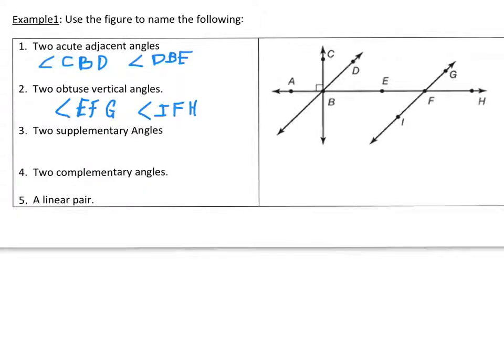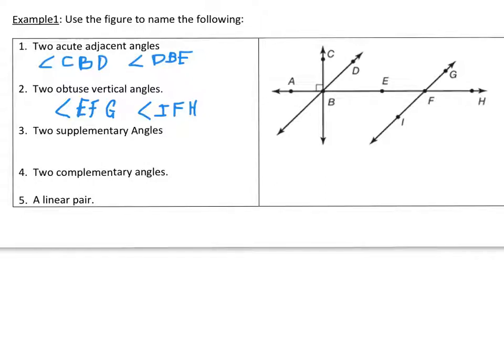I would also like to point out that on this set of four examples, there are a couple of other options that would be correct that you could potentially come up with. I'm just going to come up with what I do, and understand that there are some others that are possibilities. So we've got two supplementary angles.